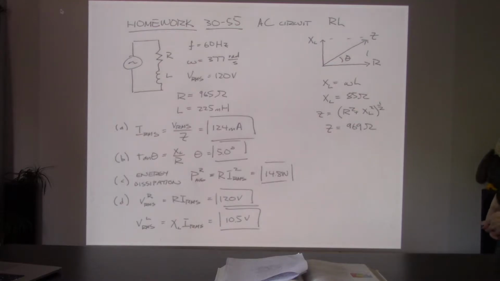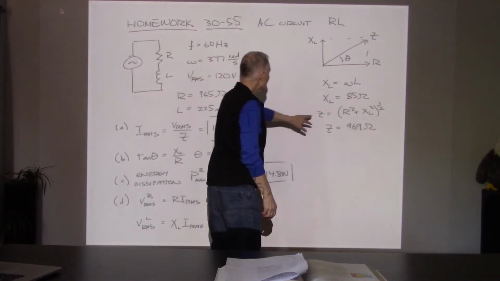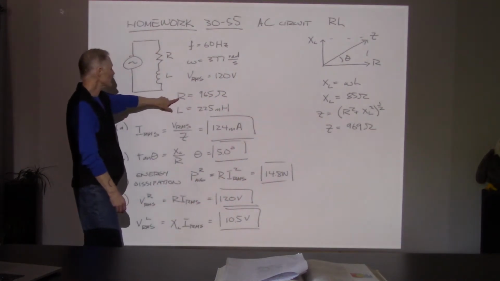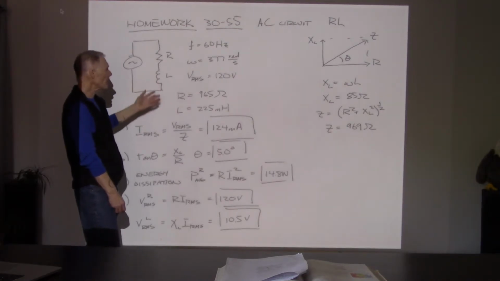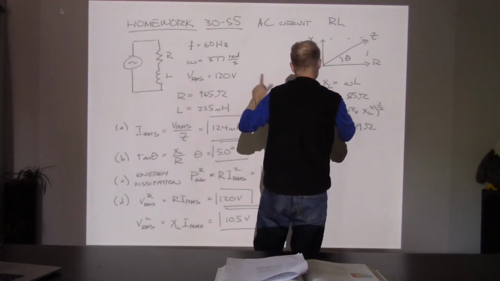Now, that says in this particular problem, the impedance, the Z value, is really going to be dominated by the resistor, not by the inductor. I don't know if the person writing this problem intended this, but they've written it where the numbers work out, and that's fine.